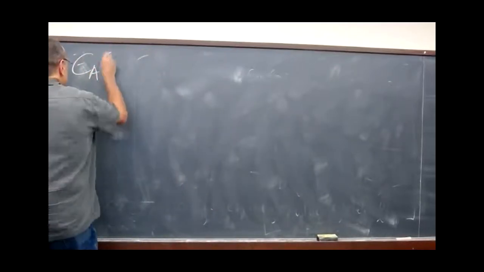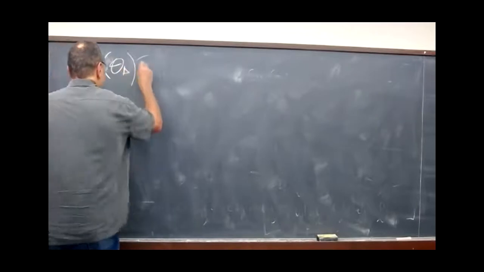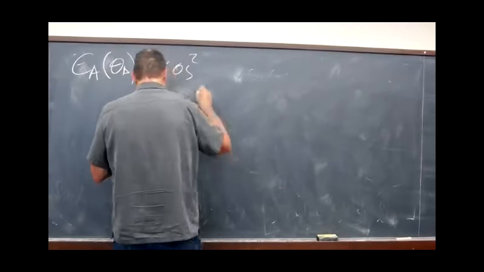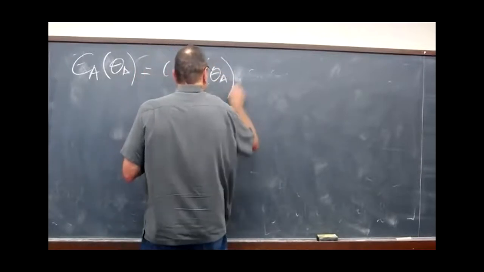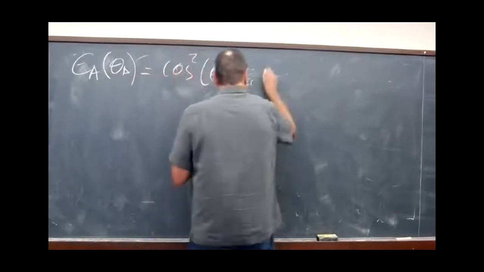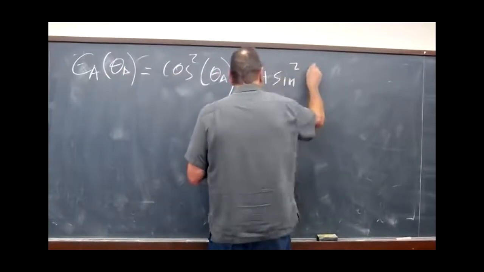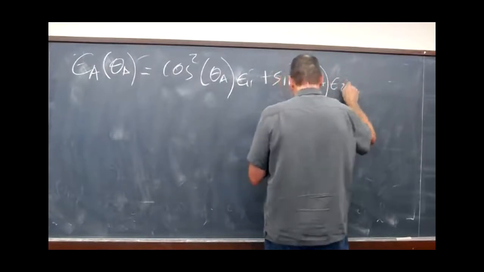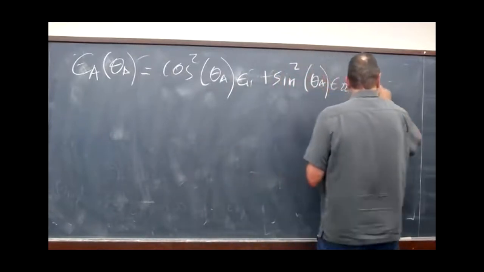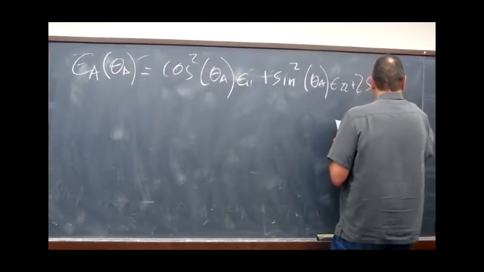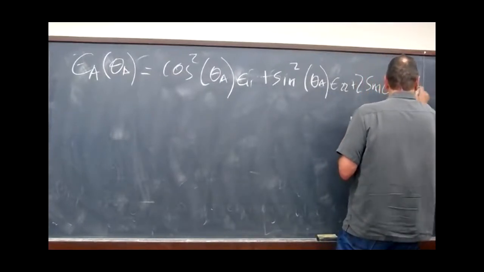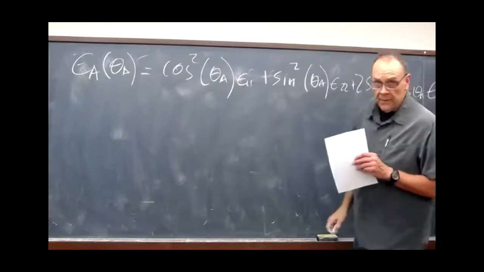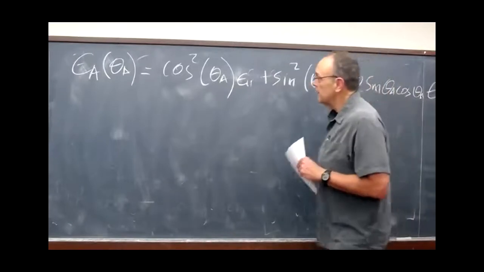Epsilon A is a function of beta A: cosine squared beta A epsilon 1 1, plus sine squared beta A epsilon 2 2, plus 2 sine beta A cosine beta A epsilon 1 2. That's epsilon A prime, right?